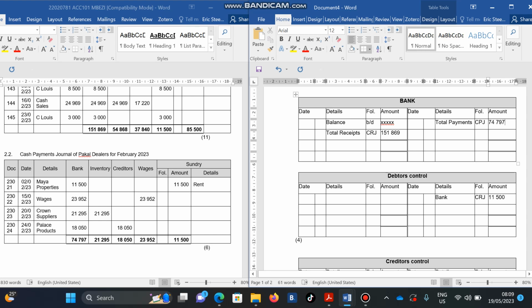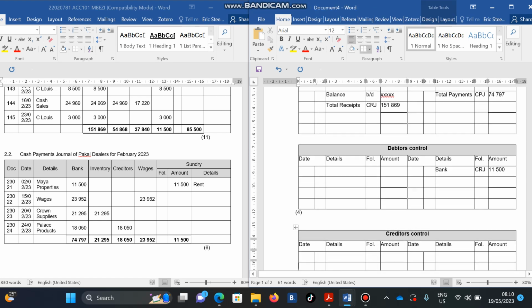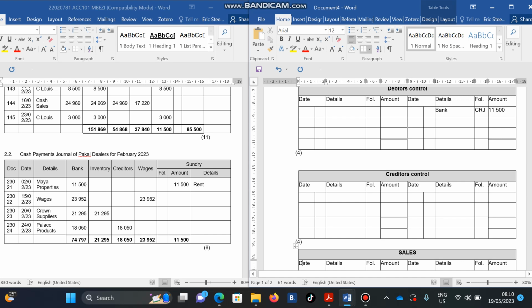Now, inventory. I did not indicate an account for inventory, but it will also be done. The heading will be inventory on the side. It's going to say bank, CPJ, and the amount. Just remember, it should say inventory, the ledger account. I've given an example here of creditors. So creditors should be on the debit side. Details will be bank. Folio will be CPJ.